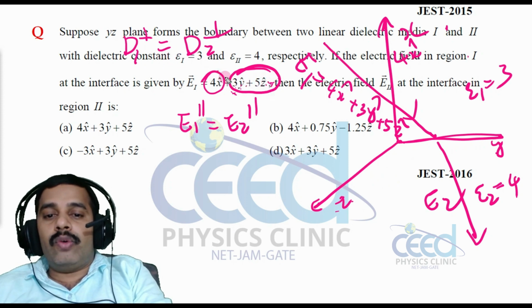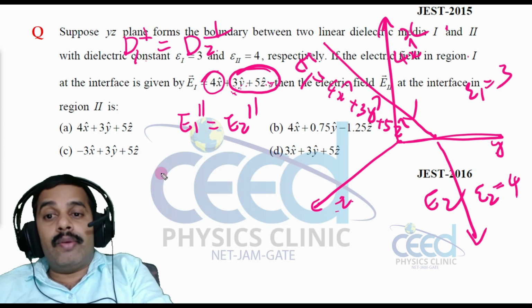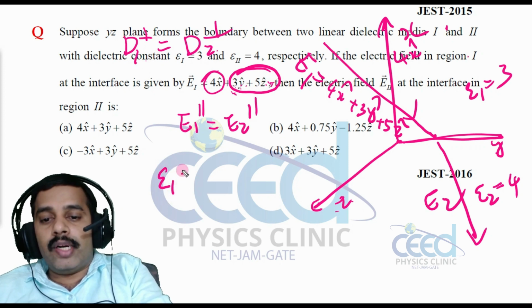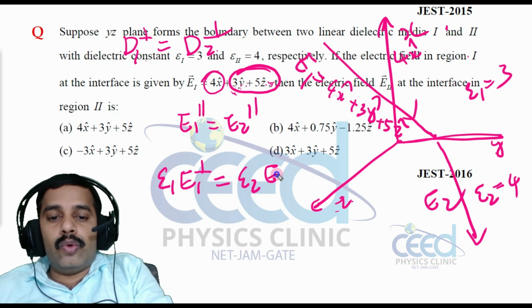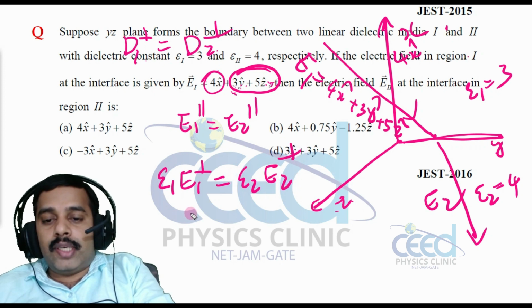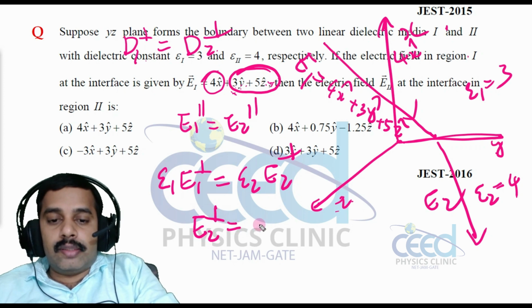To find this we can use D1 perpendicular equals D2 perpendicular, right? What is D1 perpendicular? That is epsilon 1 E1 perpendicular, equal to epsilon 2 E2 perpendicular. Now E2 perpendicular we need to find. That is epsilon 1 divided by epsilon 2 into E1 perpendicular.